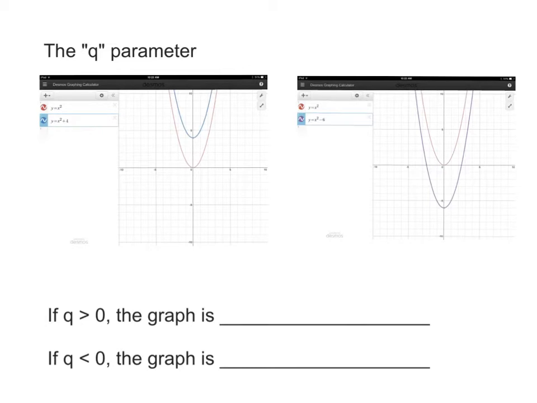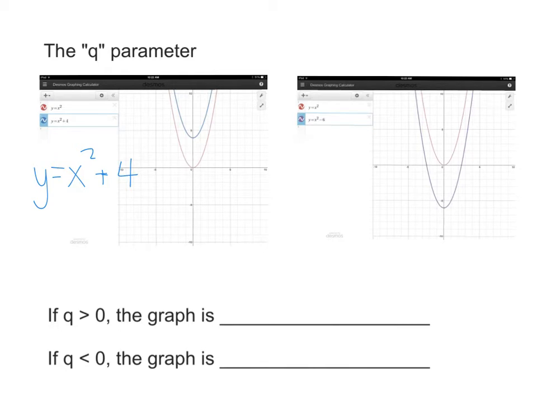So the q parameter, this one should be easier because it doesn't have all that positive, negative, weird stuff to deal with. The first set of graphs there, I have y equals x squared, and then y equals x squared plus 4. So it's not a p value now, it's not x plus 4 squared, it's x squared plus 4.